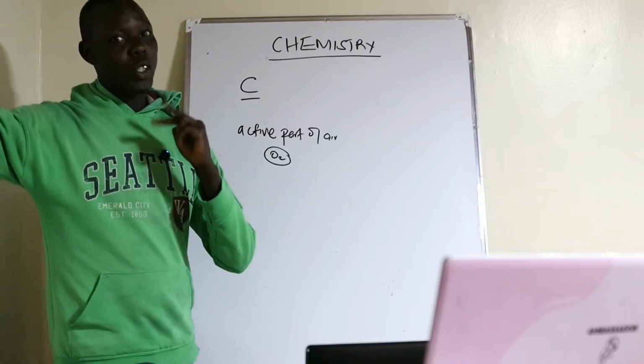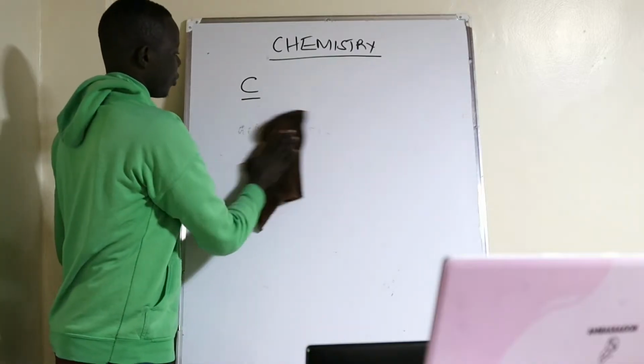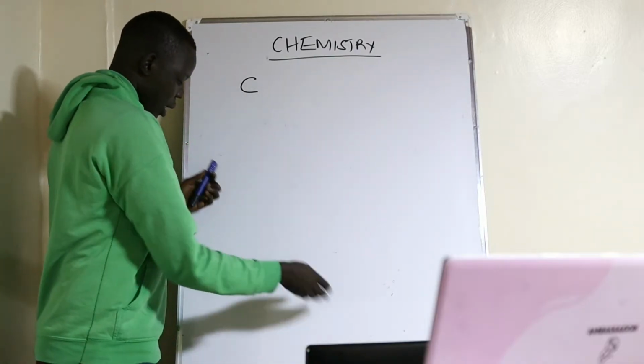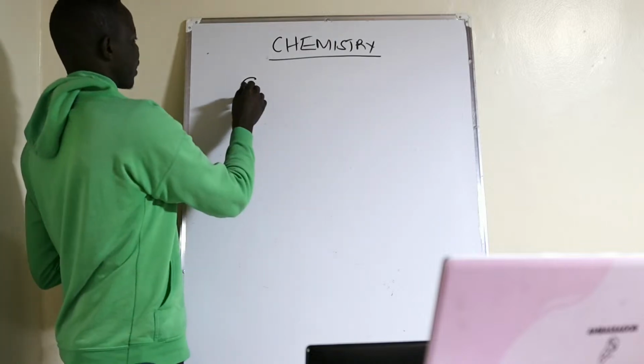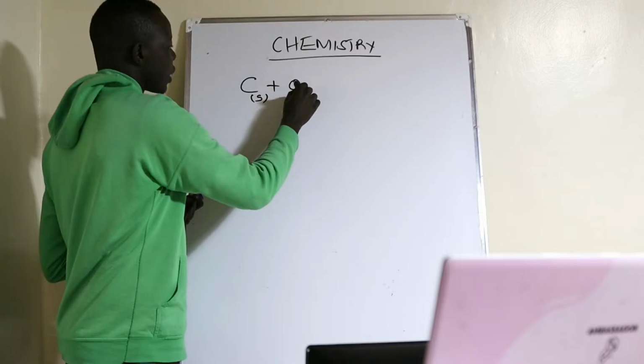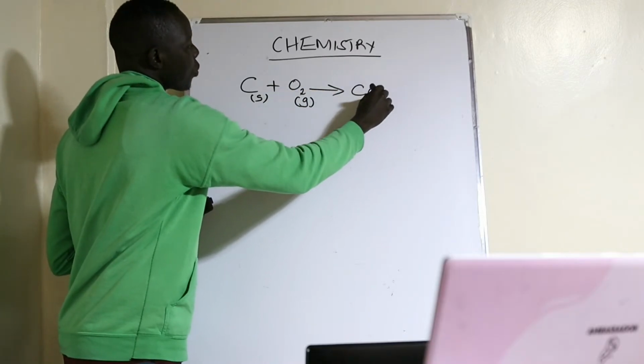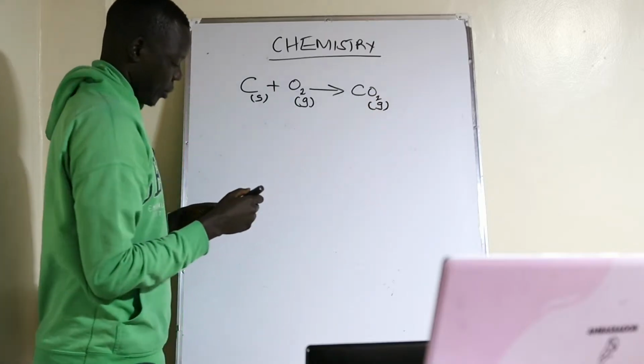But I'm going to write two equations. The first one is this: carbon, which is a solid, reacts with oxygen, which is a gas, to give us CO2, which is another gas.